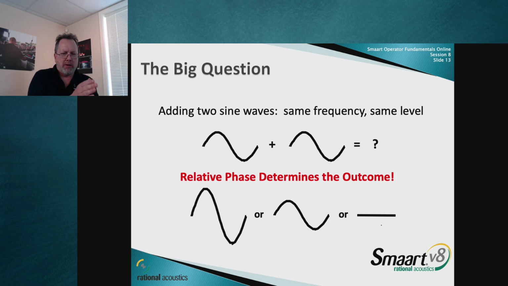And where we do have equal level, let's say the crossover between a low driver and a high driver, we want to manage the relative phase at crossover because that's where they're equal level. That's where you can get the full addition, or no addition, no subtraction, or in the worst case, if they're equal level and 180 degrees out from each other, complete cancellation.